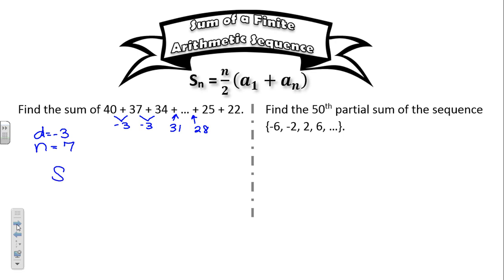So if we want the sum of 7 terms, we take 7 and divide it by 2 and take it times our first term plus our last term. So our first term is 40, last term is 22. 40 plus 22 is 62 divided by 2. 31 times 7.